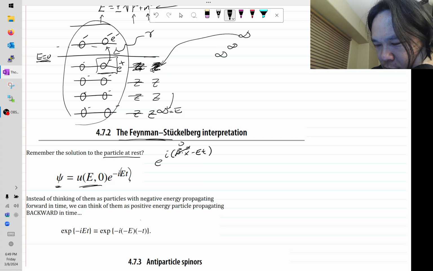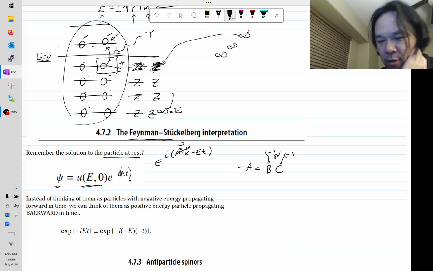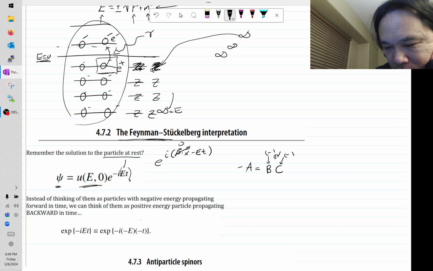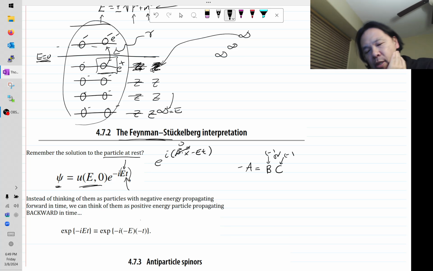And one thing we learned maybe back in algebra, right? If you have a negative number, and that negative number is the product of two numbers, either b is negative or c is negative. You can make a negative number two different ways. So instead of thinking about the energy as being negative here, we can think of the time as being negative.